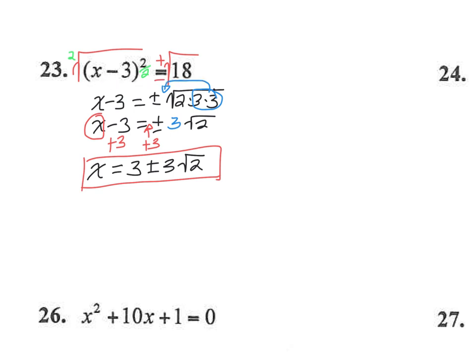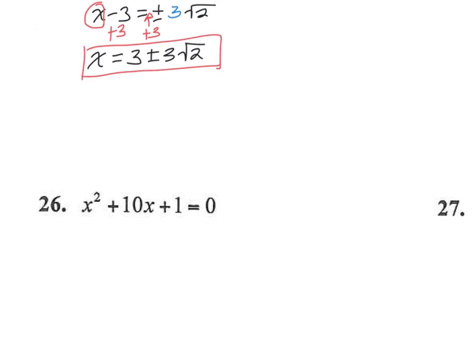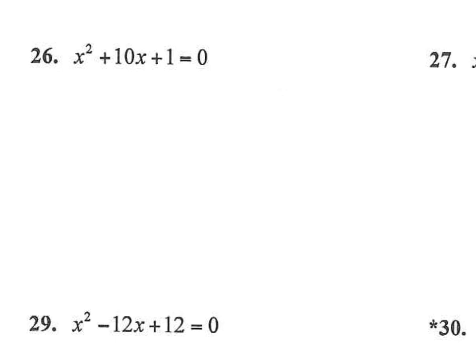Well, how do we get there? Let's look at number 26. Now I promise you we are not going to give you trinomials to factor that have a coefficient in front of the squared term, because quite honestly, if I were given the choice and I have a coefficient in front of the squared term, I'm not going to complete the square, no matter what.